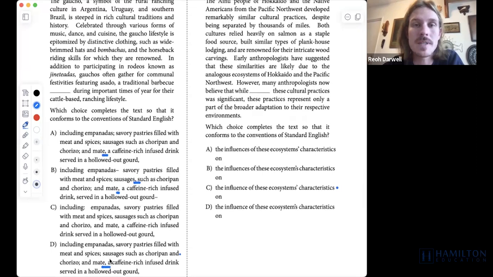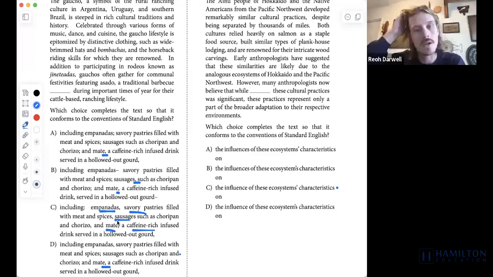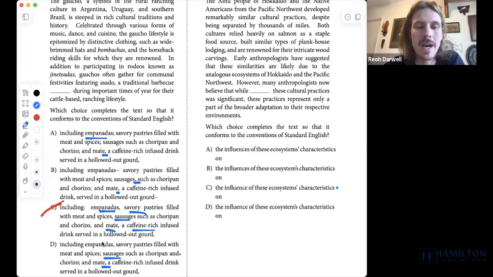If we didn't separate them, it would be unclear what the items are: empanadas, sausages, and mate. So the way in which we clarify that is by having semicolons separate the items in our list.